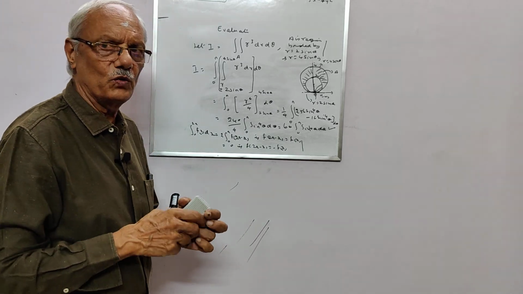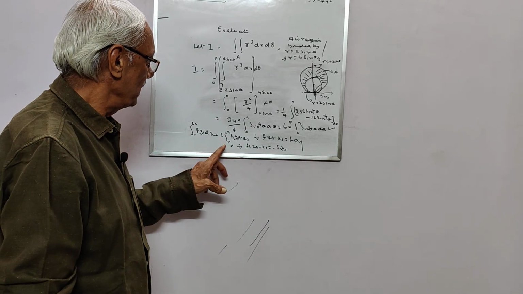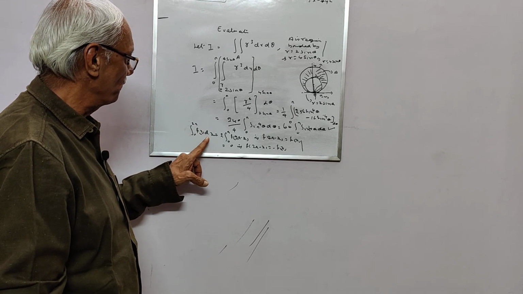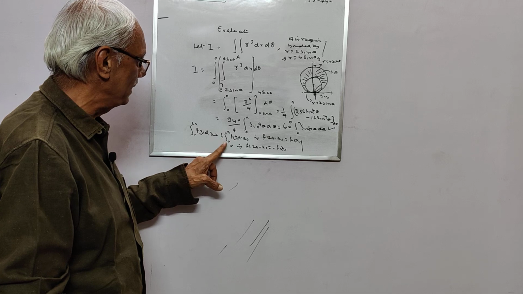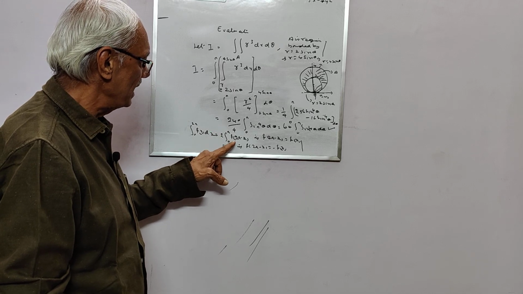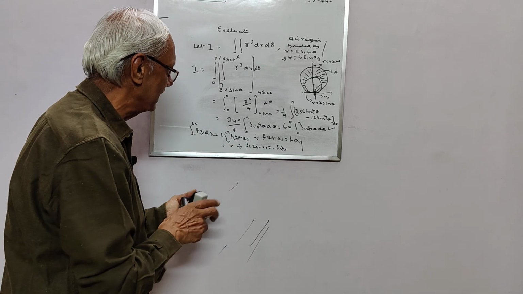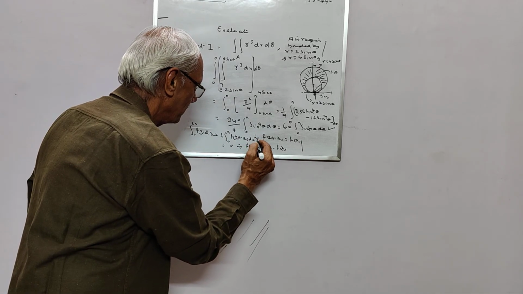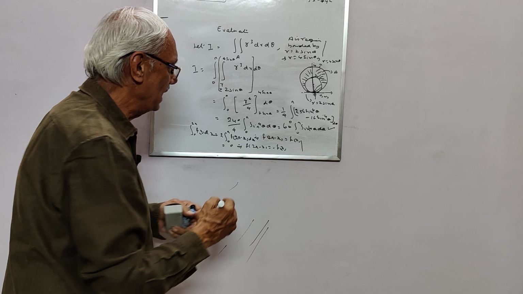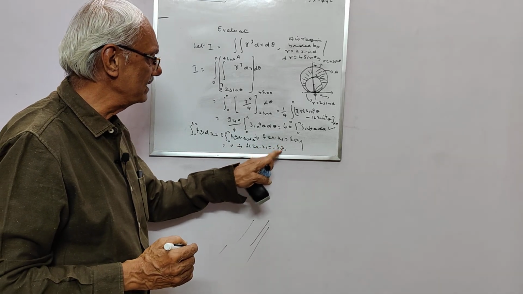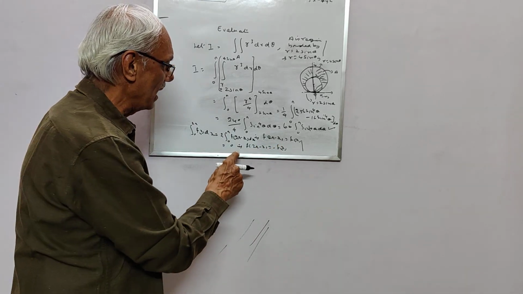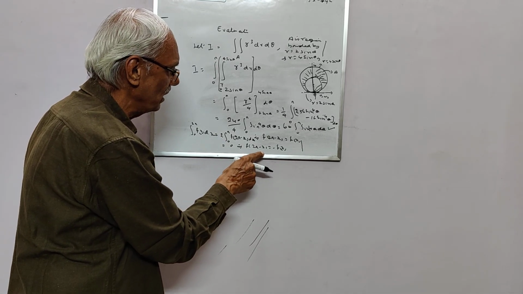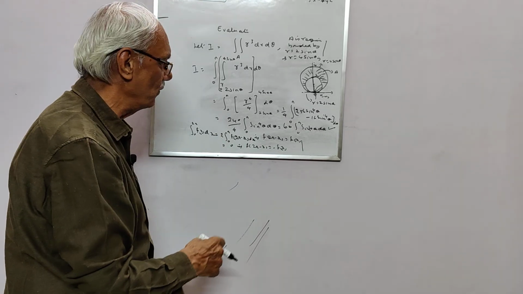What is the property that I am going to use here? It is the integral from 0 to 2a of f of x dx is equal to 2 times the integral from 0 to a of f of x dx, if f of 2a minus x is equal to f of x, and this will be equal to 0 if f of 2a minus x is equal to minus f of x.